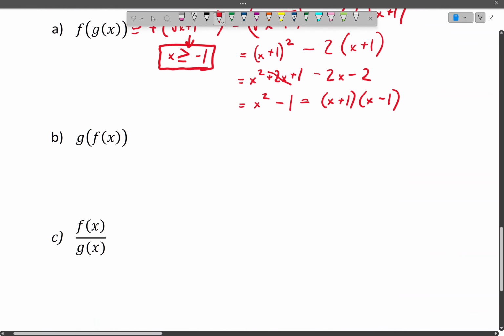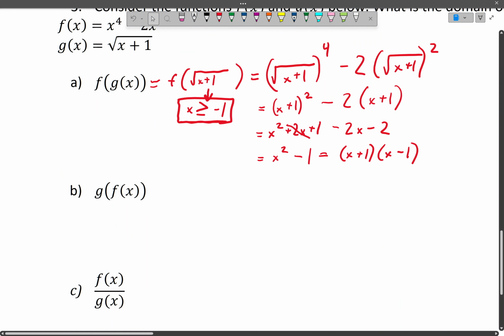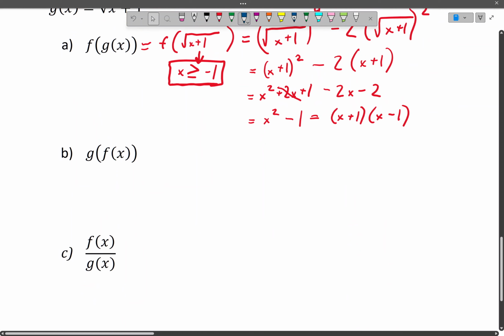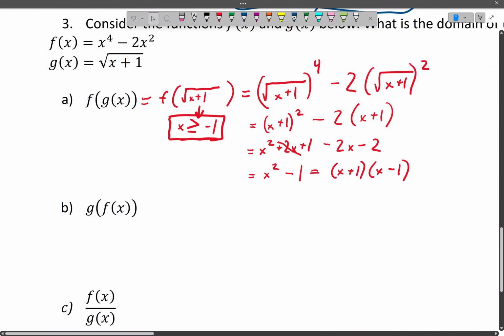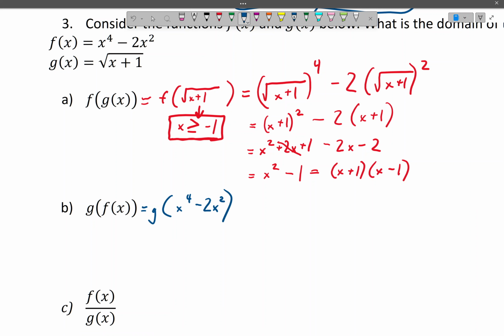Okay, let's keep going and do this in reverse here. We've got the same question, but we're doing the two functions reversed from each other. Inside the g of x function, there's no restriction. These are normal. But once we plug it in, let's see if there's any restriction. So now we're going to put in x to the 4 minus 2x squared plus 1.